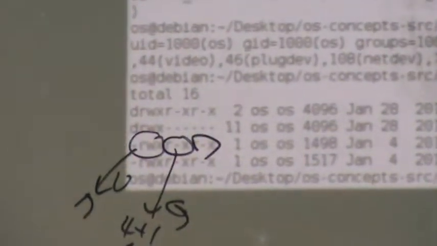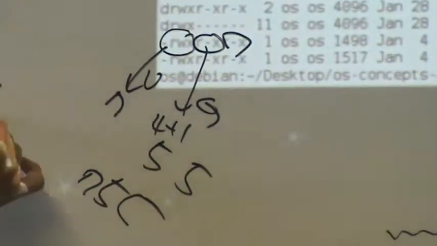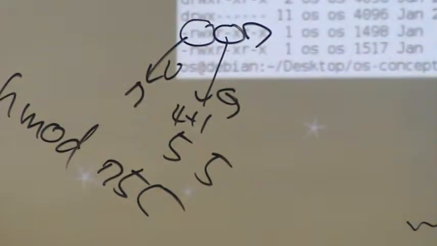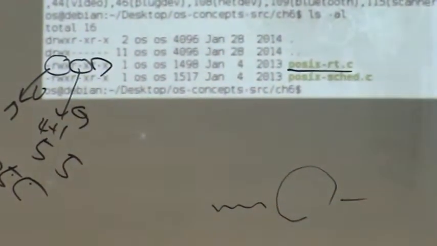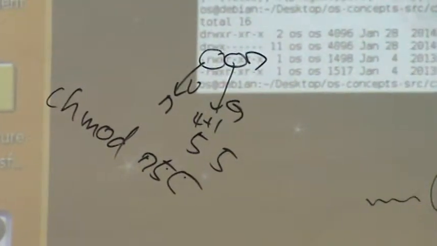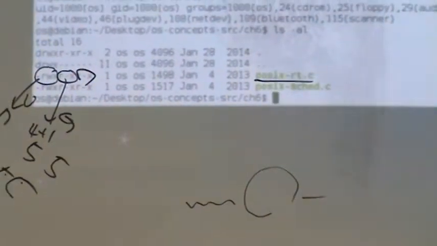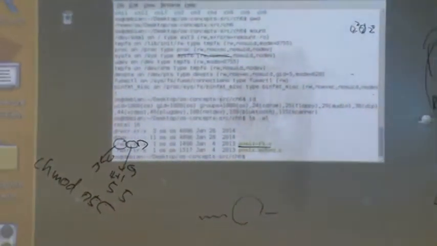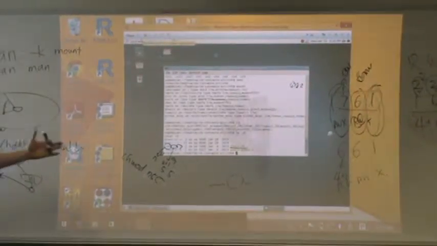RX 5. So it's a 755. So you can make this permission change mode 755. When you are using Linux or Unix based systems, including macOS, you can actually change the permission using the chmod command. That's one of the difficulties when you get familiar with the graphical user interface. That graphical user interface actually implements this idea.